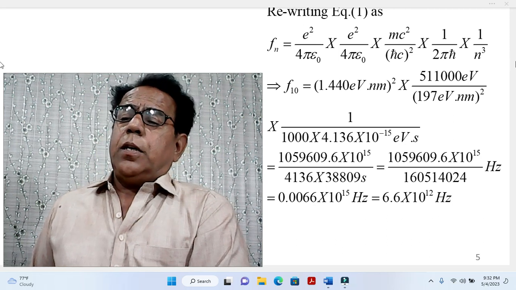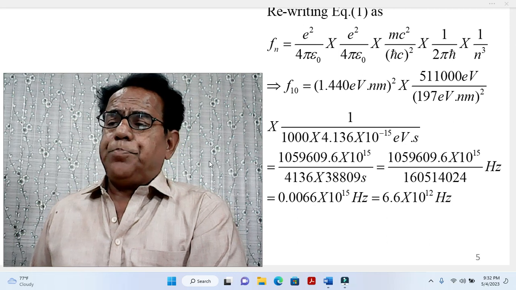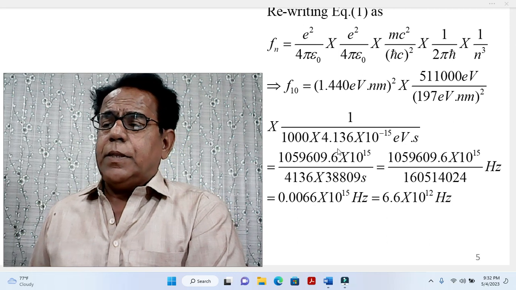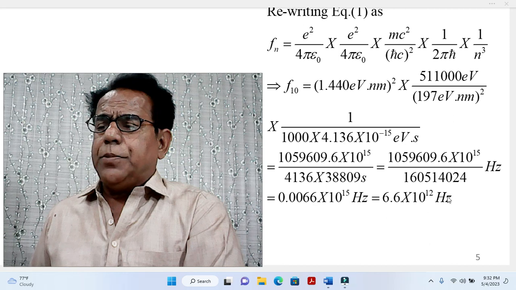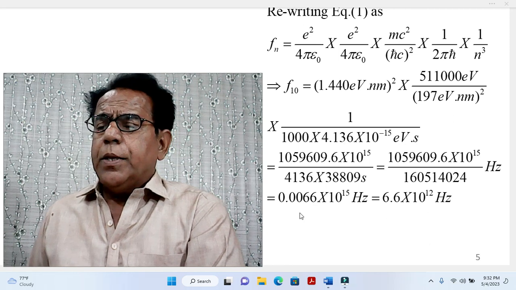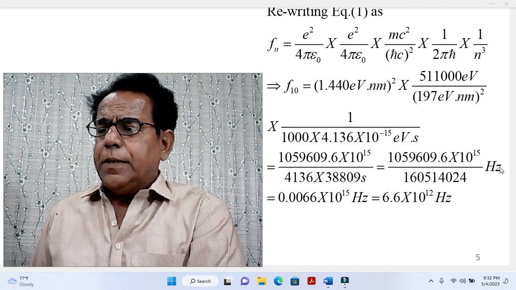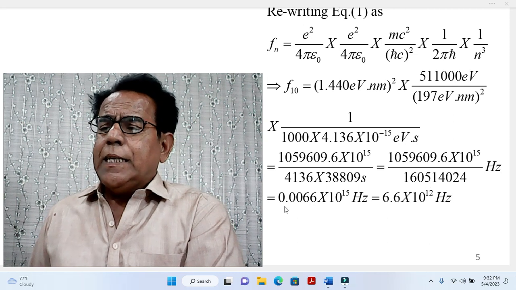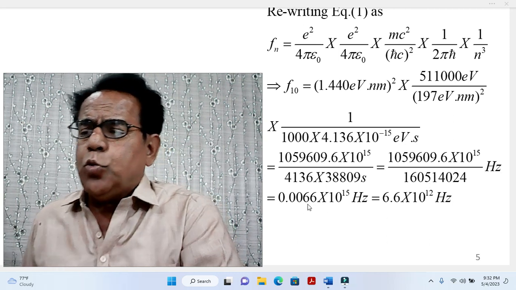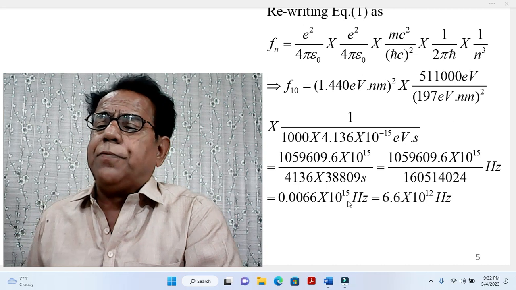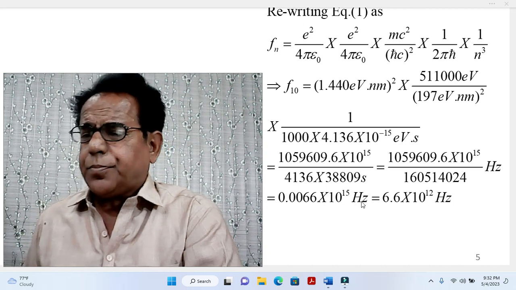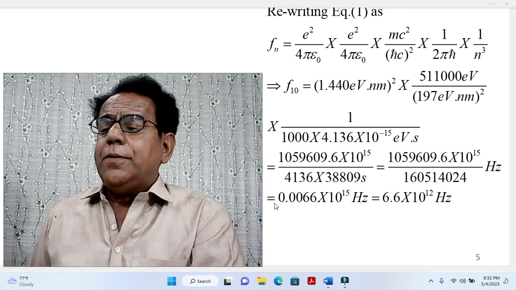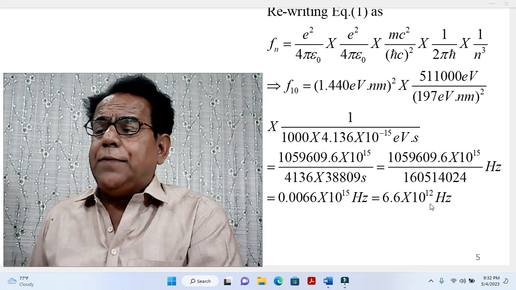So all this in a simplified form becomes equal to this hertz, and further simplification gives this result, 0.0066 into 10 raised to the power 15 hertz. And this simplification further gives rise to this.